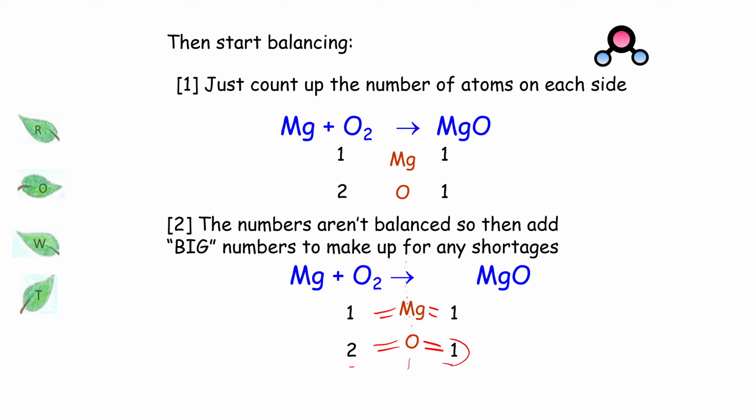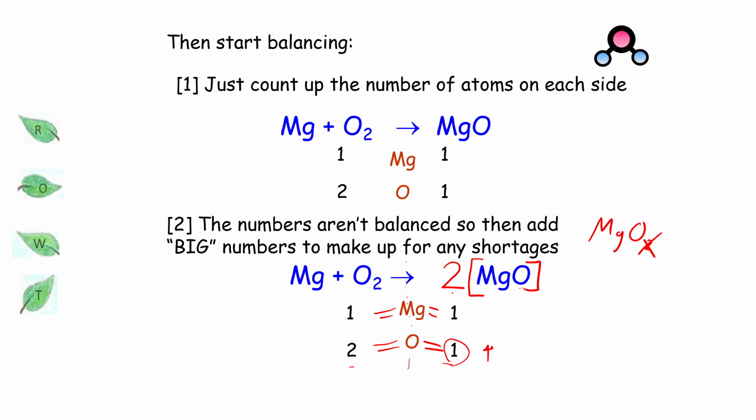So what I do is I try and make this number bigger somehow. The only way to do that is find the oxygen and put a big number. So I increase it by 1. I had 1 of these before, now I'm going to say, what if I've got 2 of these now? So I can only put a big number in front. I cannot do this. This is not allowed.